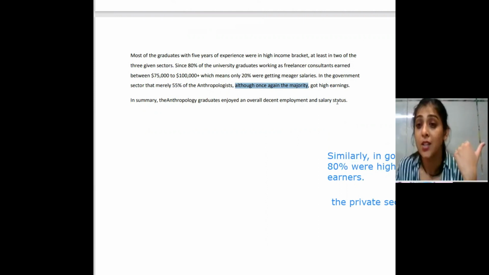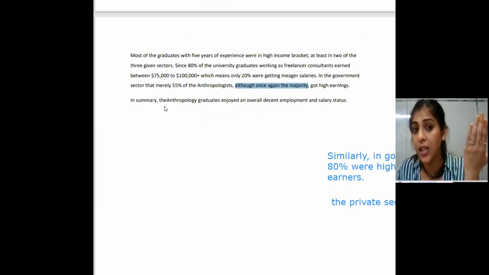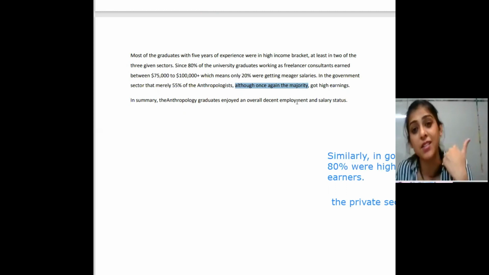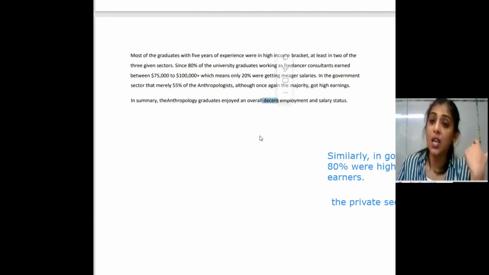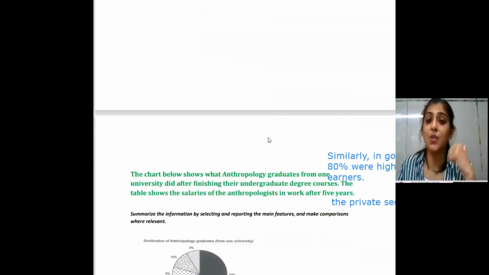So don't go after writing the highest, the lowest, because that's not appropriate. Overall. Got it now? You can put high rather than writing decent. So this is all about your writing task 1.